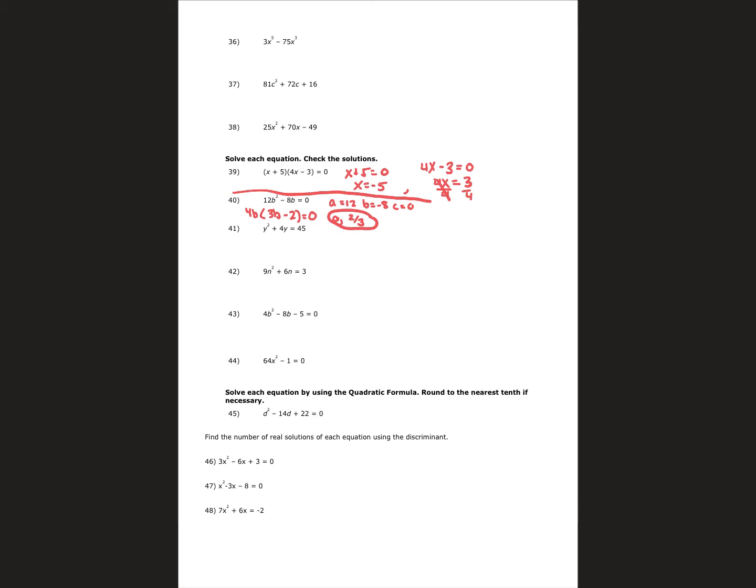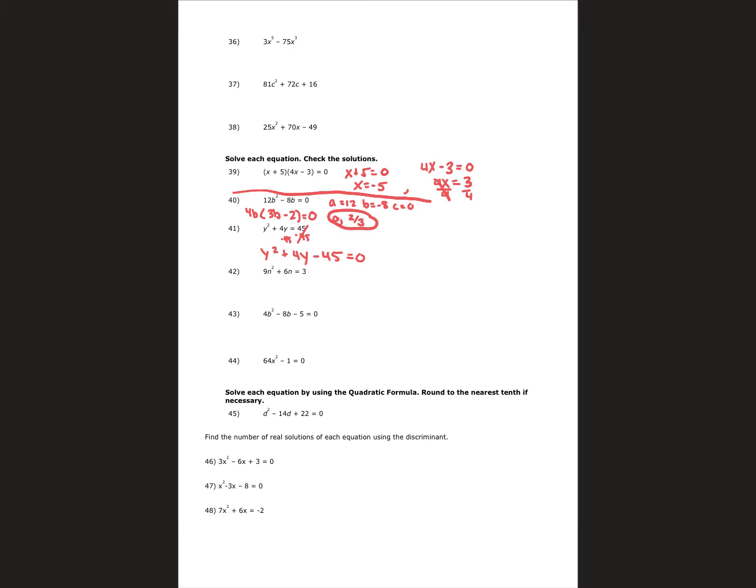So in number 41, you'd have to subtract 45 first from both sides. So your new equation is y squared plus 4y minus 45 equals 0. And then you're going to decide if you're going to factor or if you're going to use quadratic formula. If you use quadratic formula, a is 1, b is 4, c is negative 45.